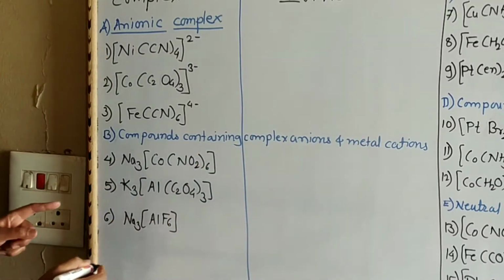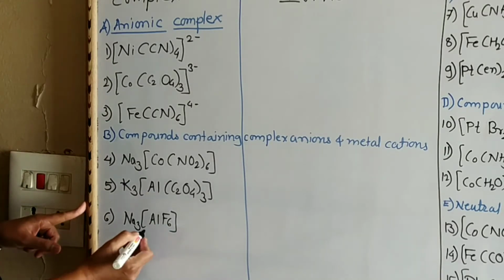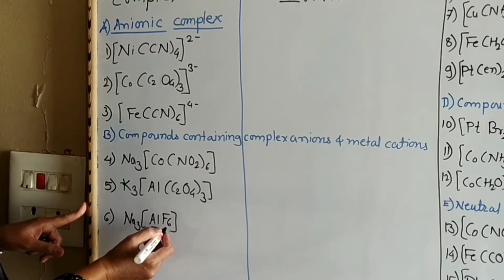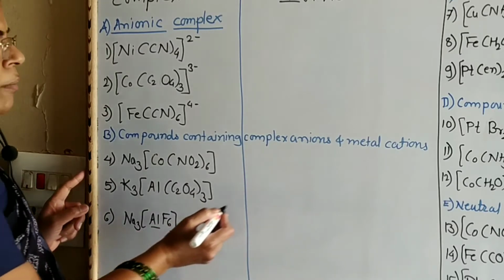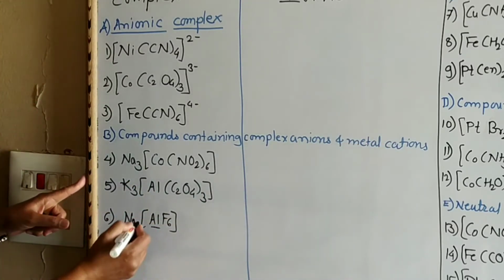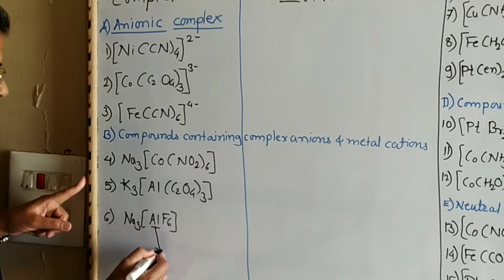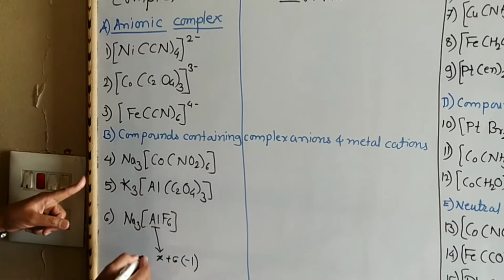Look here, first we have to calculate the oxidation state of the central metal ion. Here the central metal ion is aluminium, the 6 fluorines are the ligands, and sodium is a metal cation. First we calculate the oxidation state of the central metal ion. Consider the oxidation state of the metal ion as X. Fluorine possesses -1 oxidation state and Na possesses +1 oxidation state.